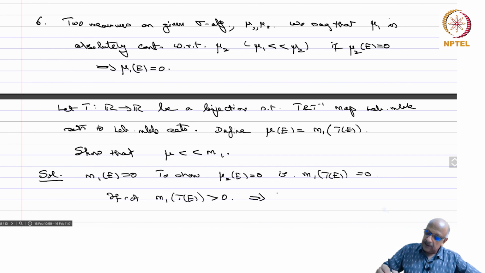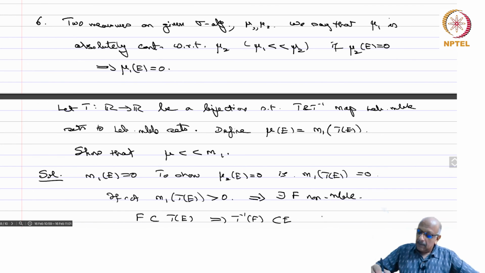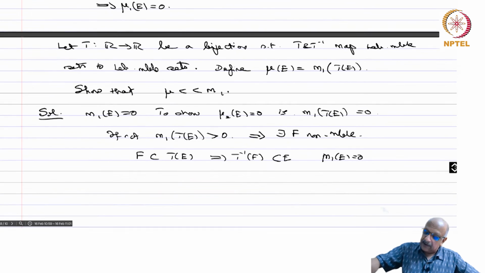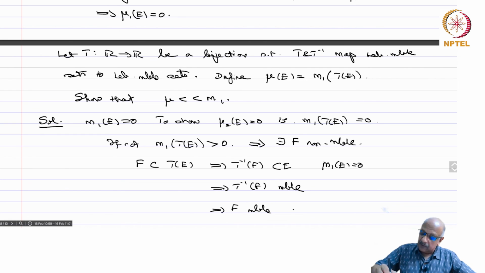Then we know that there exists F non-measurable, F contained in T of E. This implies T inverse of F is contained in E, but M1 of E is 0 and Lebesgue measure is complete, and therefore this implies T inverse F measurable, which implies F measurable, because T of T inverse F has to be measurable, and that's a contradiction, and therefore you have that M1 of TE is 0, and therefore you have absolute continuity.